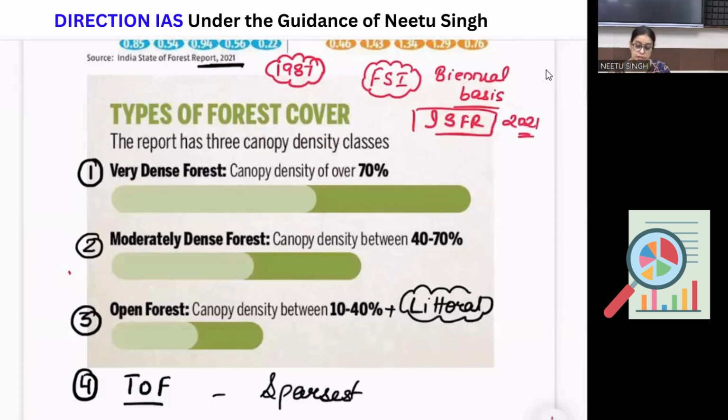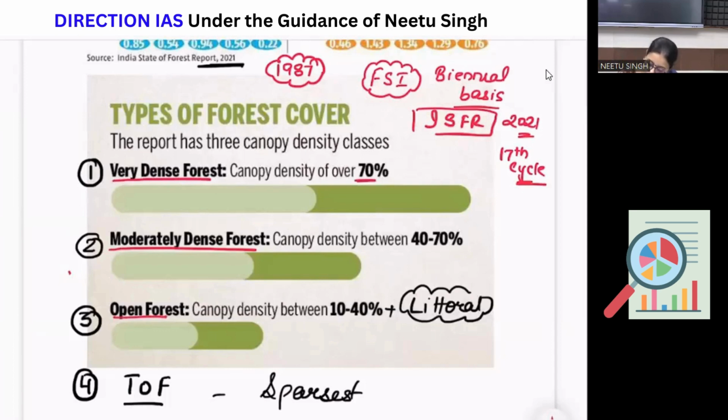And that is the reason 2021 हमारा 17th cycle report है. ठीक है? 17th cycle report में since 1987 we have been following our green cover into 3 categories. ठीक? ये कौन-कौन सी categories हैं? It is very dense forest, it is moderately dense forest, and it is open forest.